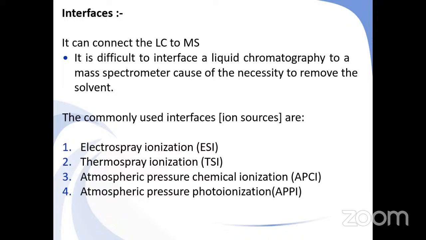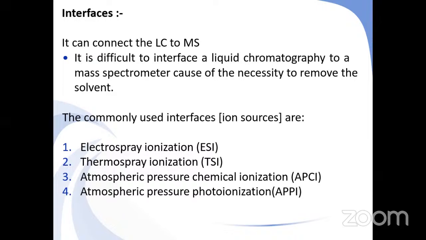That is, electrospray and thermospray as the electro and thermo sources, whereas chemical and photo sources are also ionization methods. The commonly used ionization method for the ion source is electrospray ionization.